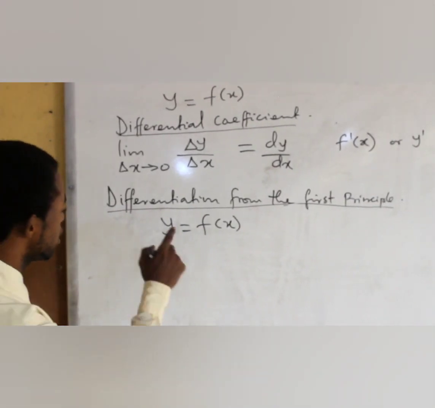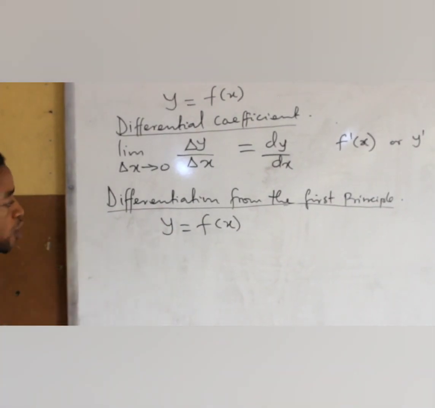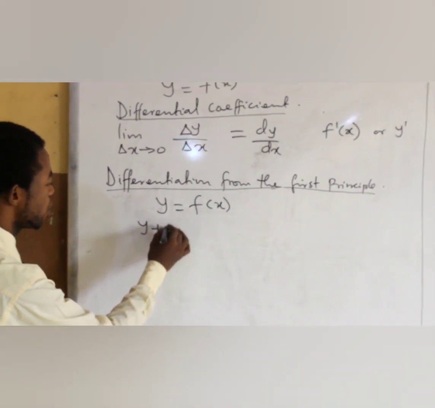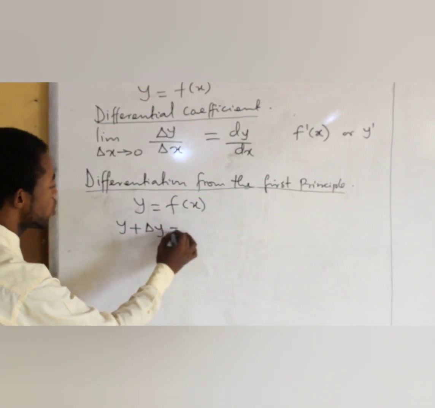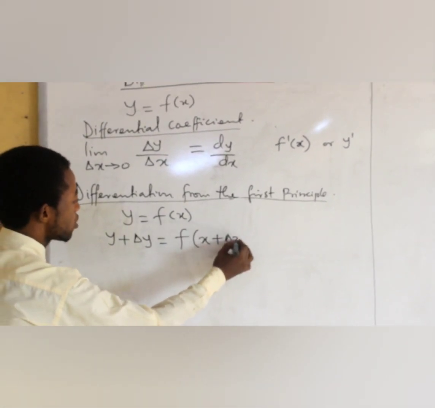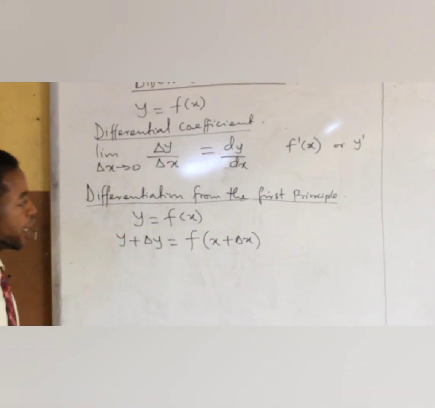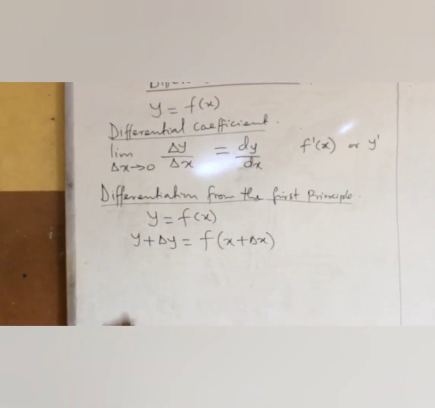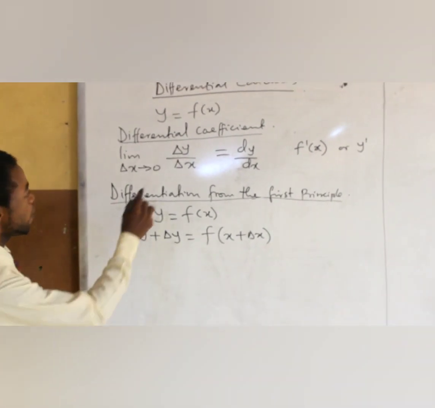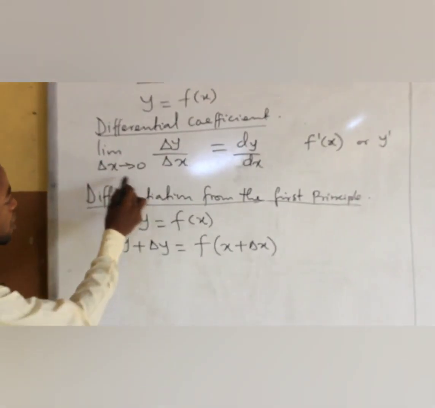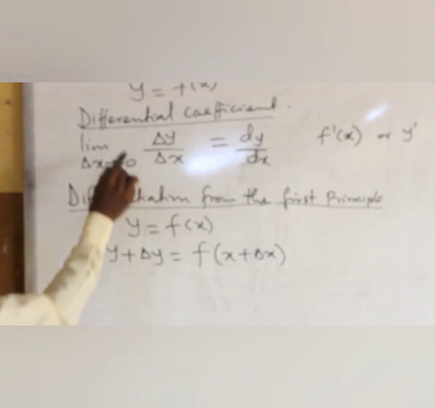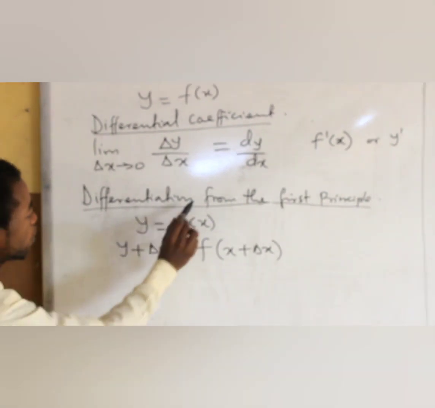So when we add changes in y to this side and changes in x to this side, we have y plus delta y equals f of x plus delta x. Don't forget what we are finding, because we are differentiating from the first principle. That means we are finding the differential coefficient, because the process of finding the differential coefficient is what is called differentiation.